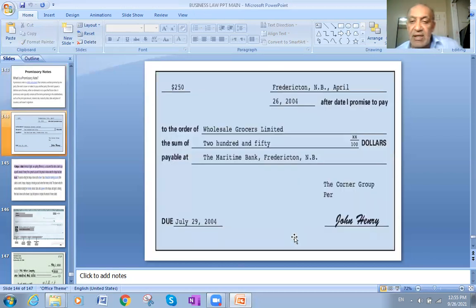So let's see how a promissory note looks. The amount should be written on the left, and on the right, this is the date, and the location if it is possible.